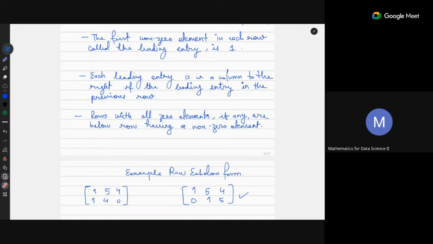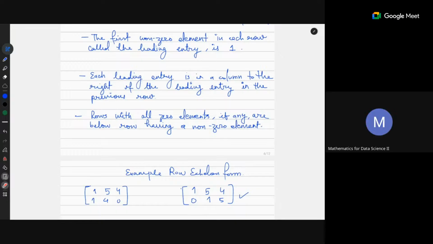It is 5, because that's the first non-zero element, so it should be 1. So that's the first condition. So the only thing that can happen before the 1 is a 0, in a row. Thank you, sir.